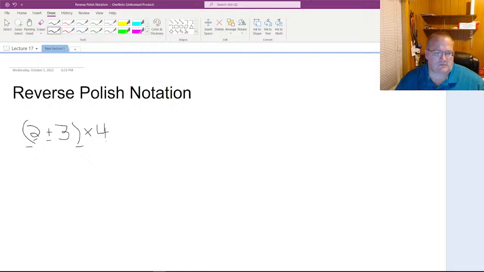So those actually are reverse Polish. Okay, let me say it different. So this is called infix. This is infix.